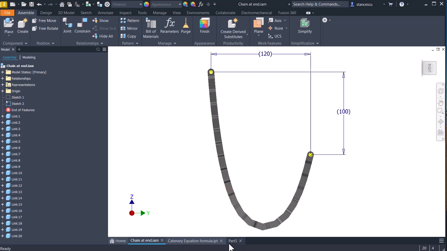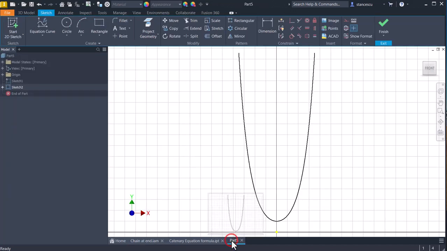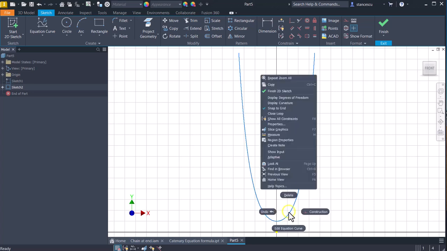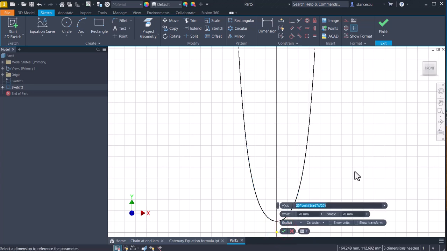To start with these values, we change the equation. Edit, right click, and edit equation curve. Take care of the new values.